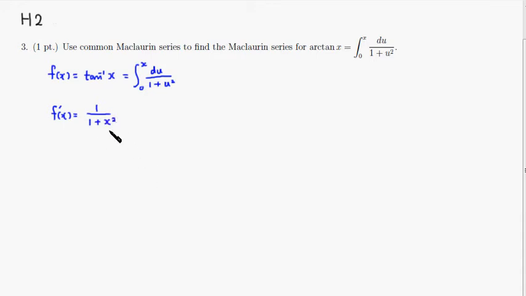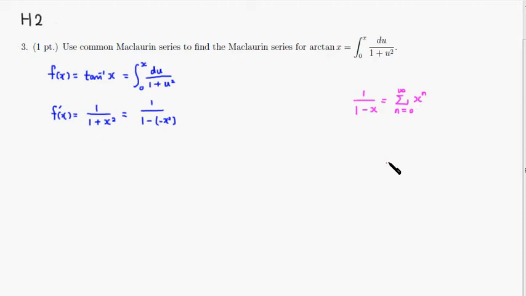Then we can view this as 1 over 1 minus negative x squared. The reason we want to do that is that we have a power series for 1 over 1 minus x, which is the summation from n equals 0 to infinity of x to the n.